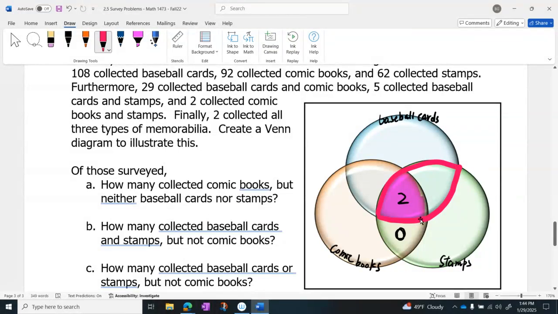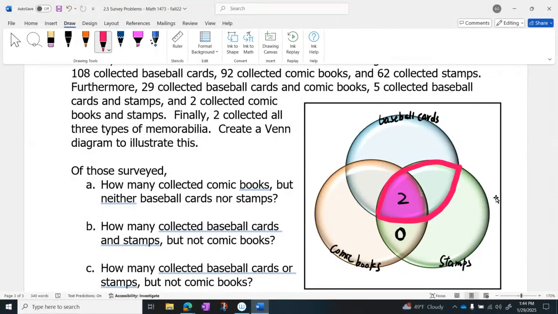The overlapping region, this football region, represents the people who collected both baseball cards and stamps. The question says there are 5 people, so there are 5 people in the football shape region that I just highlighted.